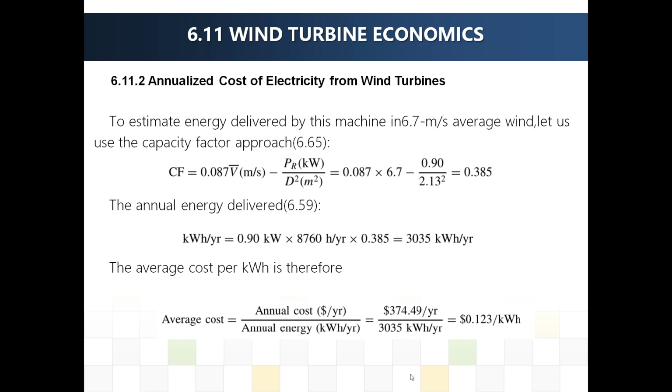The average cost should be the annual cost of $374.49 divided by 3,035 kilowatt hours per year. We obtain $0.123 per kilowatt hour.